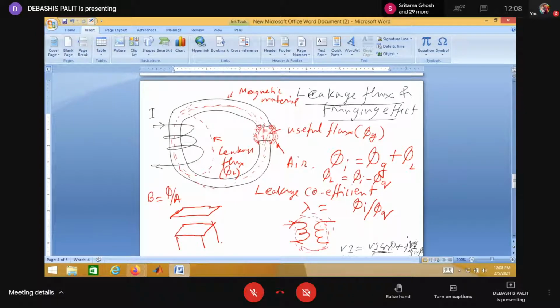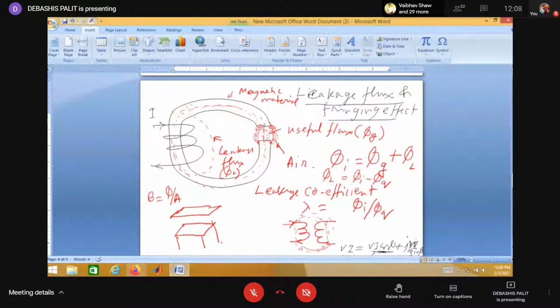But this leakage flux creates magnetic flux linkage to another coil, and since the flux is alternating in nature, it will create an induced EMF here. So that is due to the leakage flux. Unless there is leakage flux, you cannot induce it.